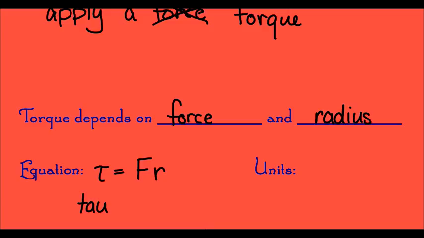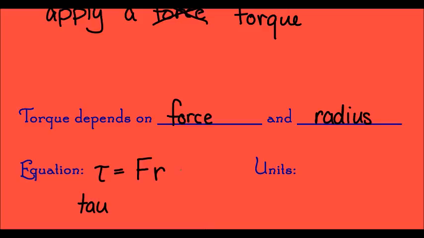Because if this were the equation, just force times radius, then those examples I gave earlier of pressing down from the top of a door or from pressing inward toward the hinges, those would still cause a torque, which means they'd cause a change in the door's rotational motion. And if you've tried it, they don't. So that must mean that there has to be more to this equation.